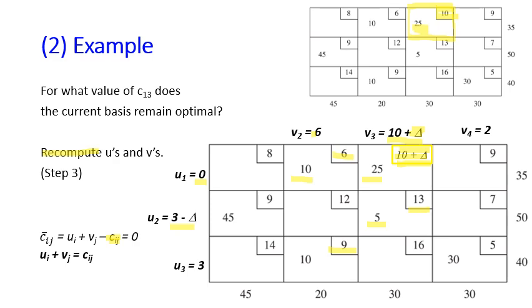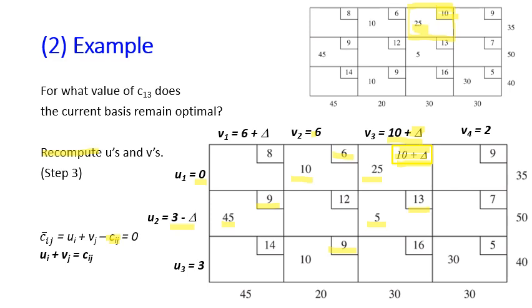And then finally use this to calculate v1, which is 6 plus delta, because 3 minus delta plus 6 plus delta equals 9. Okay, so we have finished recomputing the u's and the v's.